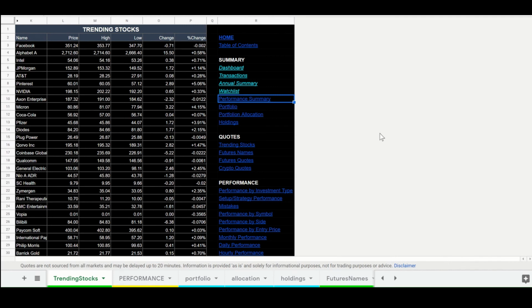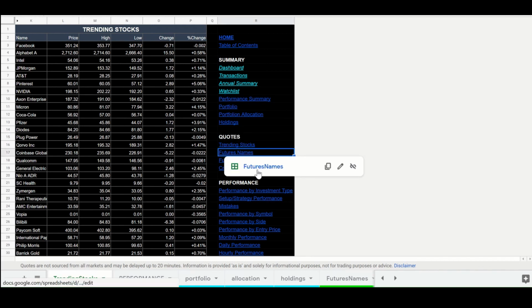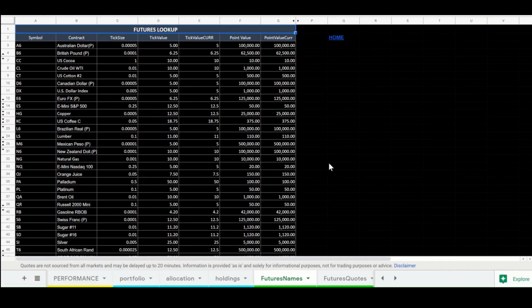So this shows you what the trending quotes are: Facebook, Alphabet, Intel, and so on. So these are stocks. Now let's say you also want to see what futures are supported. You go here, click this. So these are the futures that are supported.